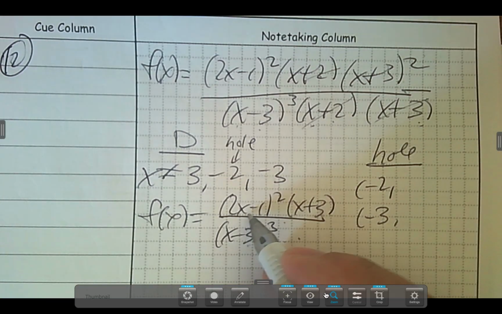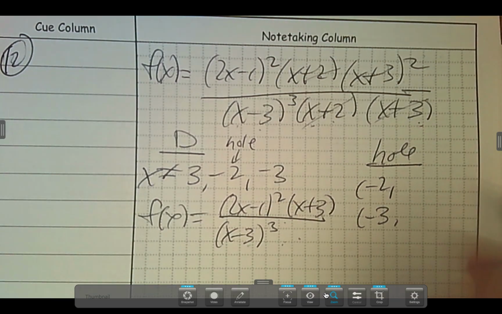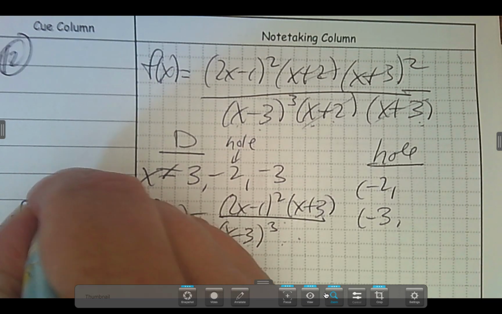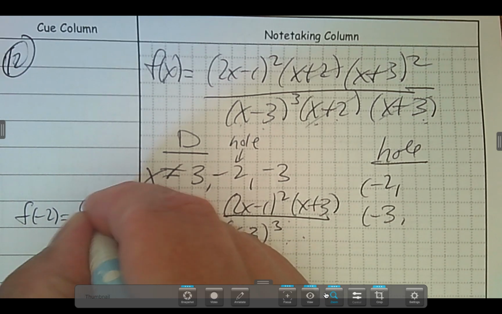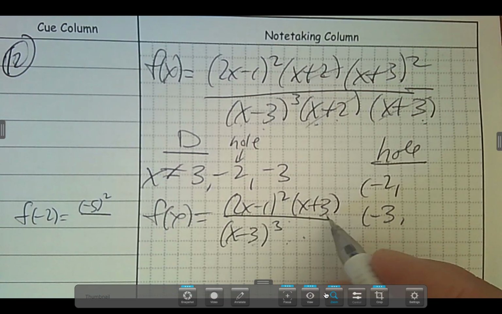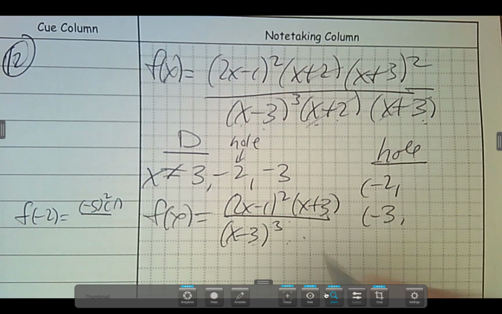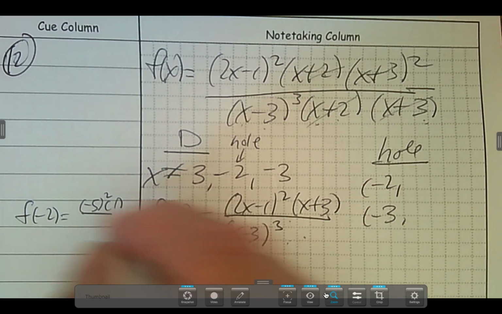So if you plug in negative 2, you get negative 5. Let me do that over here. You get negative 5 squared. Negative 2 plus 3 is 1. And then negative 2 minus 3 is negative 5 cubed.